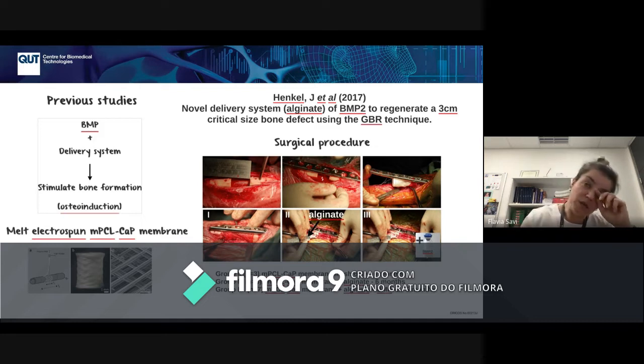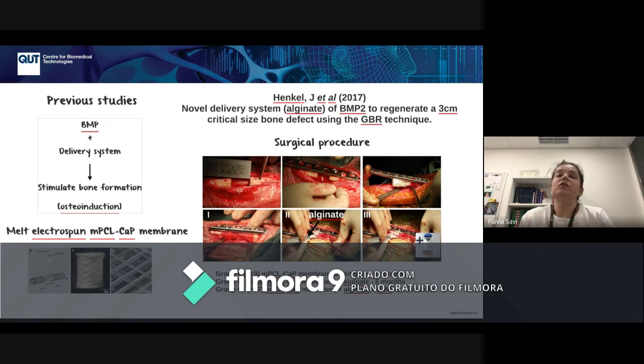And this was the surgical procedure. So a 3 centimeter defect was created, and then it was stabilized with a plate, an external plate. Another difference here is that you can use external plates or you can use internal plates, which go inside of the bone marrow. In this case, we used an external plate.